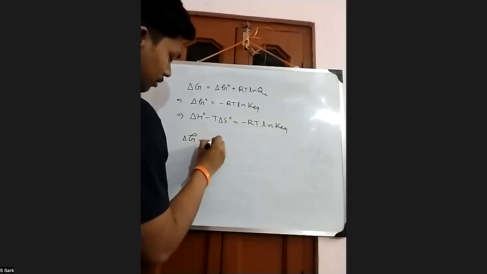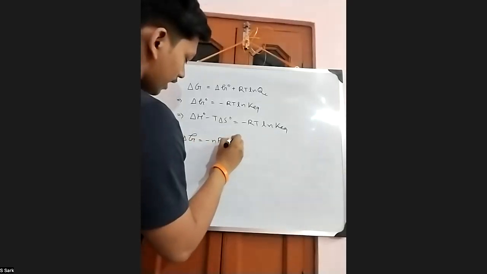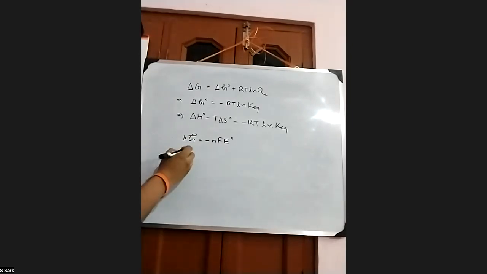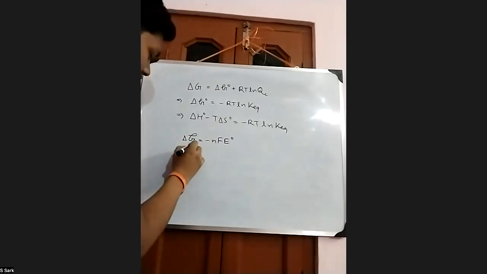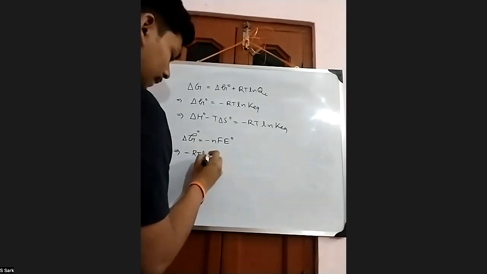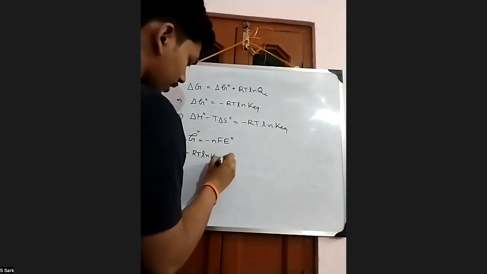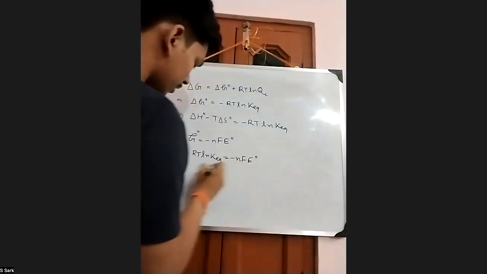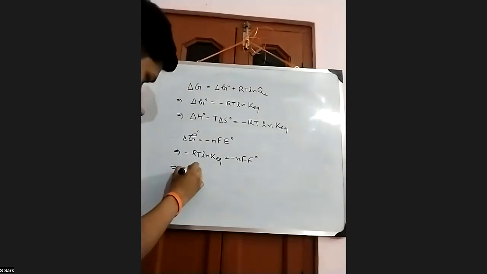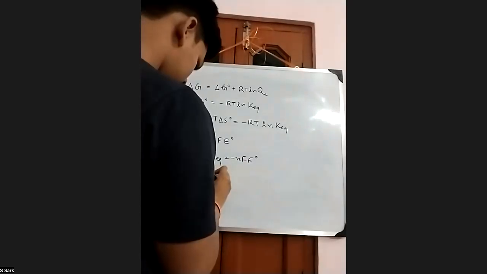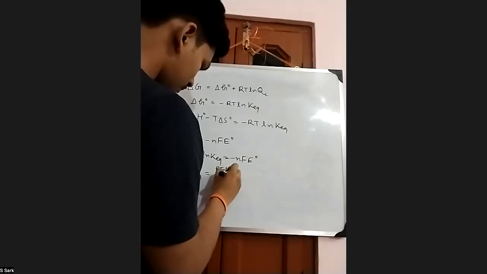From this equation we can also get the value of del G, and by putting the value of del G in the equation, we can get the value of E0 cell also, where it is RT ln K by nF.